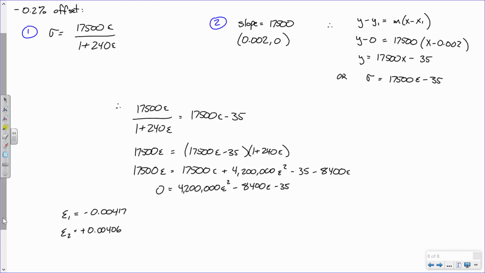Hold on. Let me check something. I have my calculator on here. This is negative 0.0021. But this one's 0.00406, right? That one's correct.